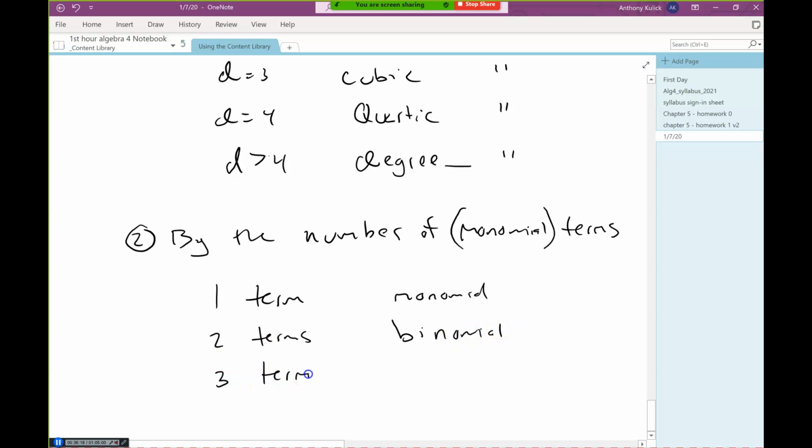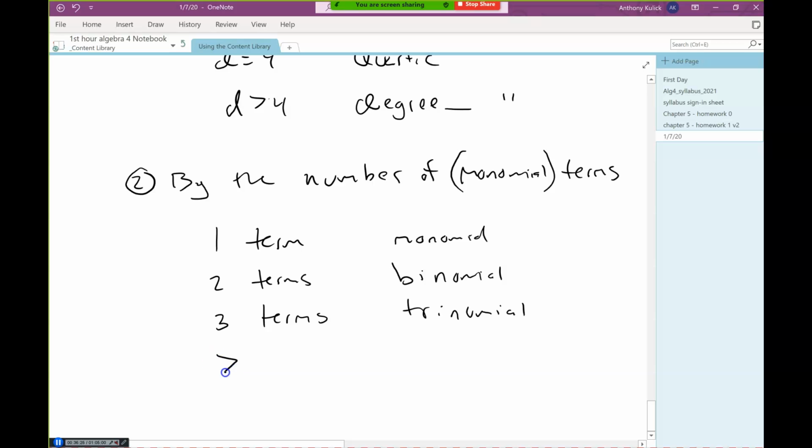Three terms we call a trinomial. And if we have greater than three terms, we say whatever-term polynomial. So if you had 6 terms, we just say it's a 6-term polynomial. Again, there are names for those things, but they're not commonly used and not worth spending a bunch of time talking about. These are the 3 that are pretty common. Any bigger than 3 terms, we would probably just name it by the number of terms.